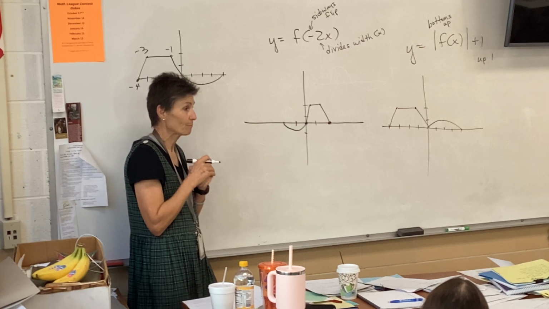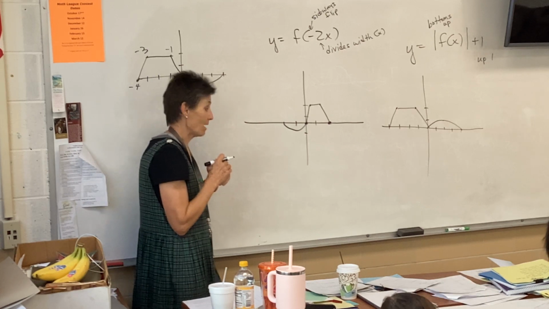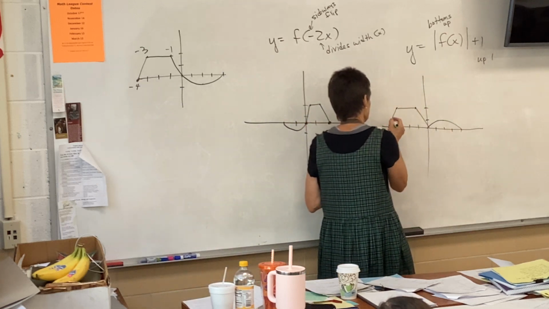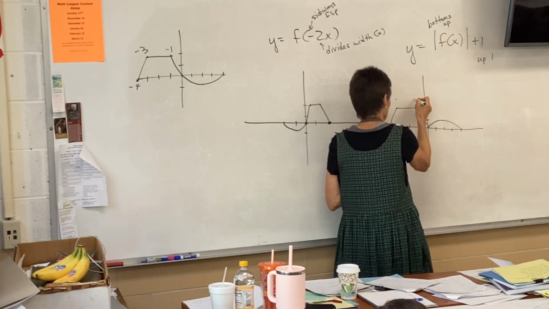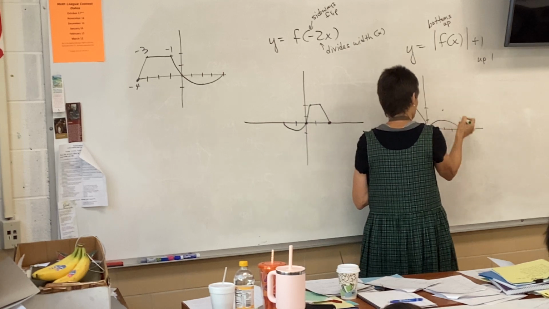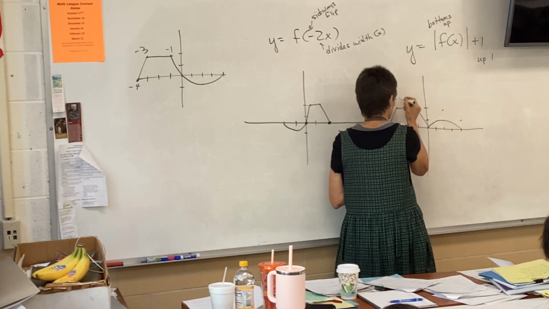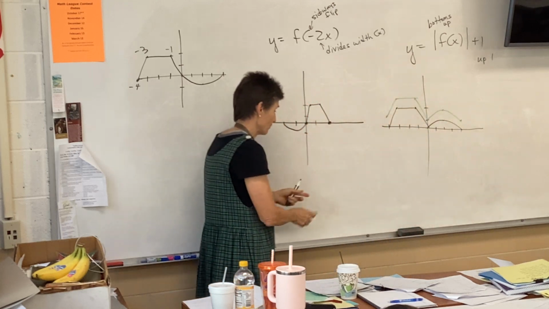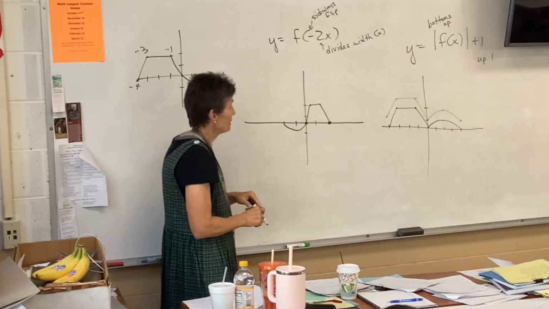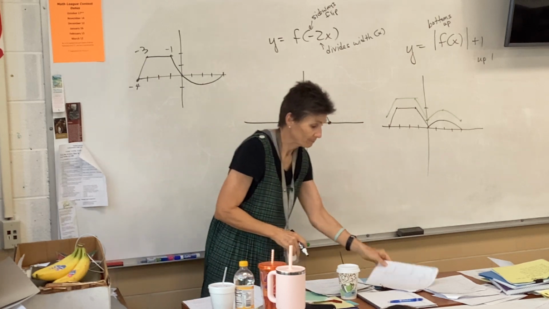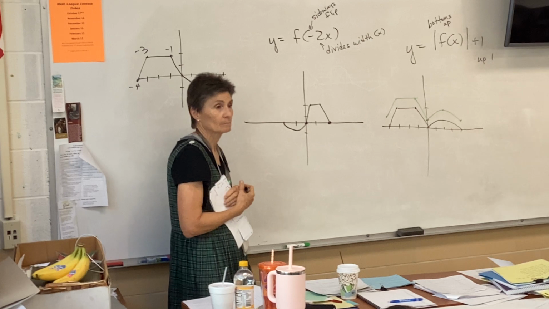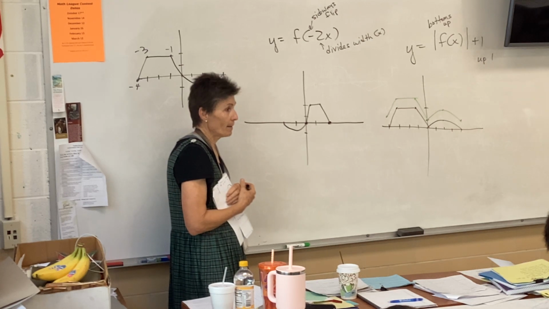All right, now take the whole shebang and lift it up 1. On your graph paper, that's easy. Everything goes up 1 block. And you have that green thing as your answer. Okay?